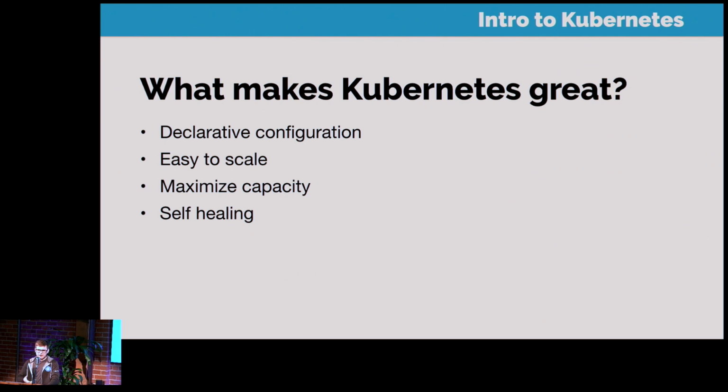There's a lot of things you can do around scaling. You can do some clever auto-scaling stuff if you give it a range of between 2 and 10 pods. And it will maximize capacity for you in an intelligent way. And of course, the self-healing thing is fantastic. If a pod goes down on Friday afternoon, right as you're about to go home, then it's not your problem. Kubernetes will have already detected it and brought it back up before you'd even realize that anything is wrong.